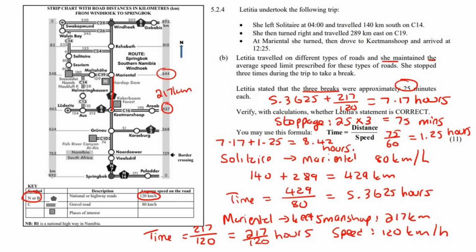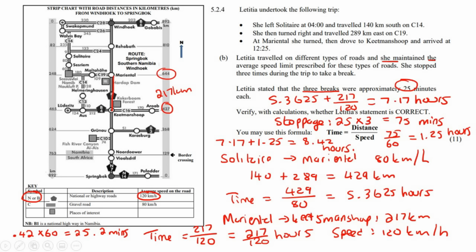So, what do they want us to do? Letitia traveled, she arrived at 12:25. We need to see if that is correct. So, you see this 0.42, you need to convert that to minutes. The way that you convert that to minutes is you just multiply that by 60. And so that's 25.2 minutes.